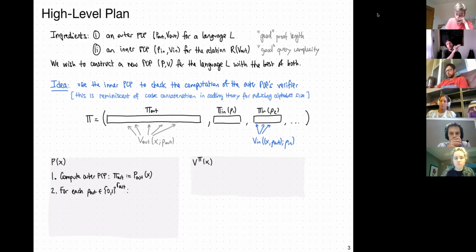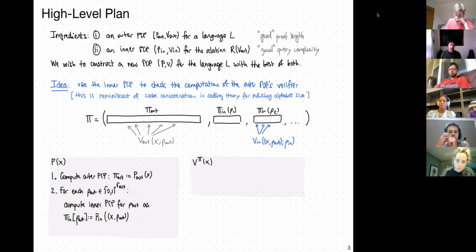Based on that, we know which queries the verifier might make, and for each one of them, we'll compute an inner PCP, parameterized by the random string, with respect to the input and P out. And then we'll output as a proof this entire PCP oracle, which consists of this thing and all of the little things.